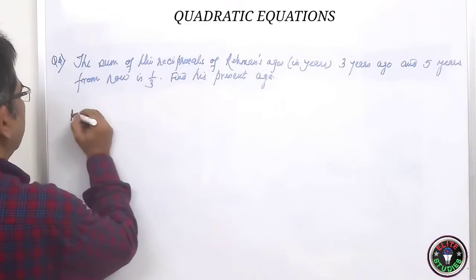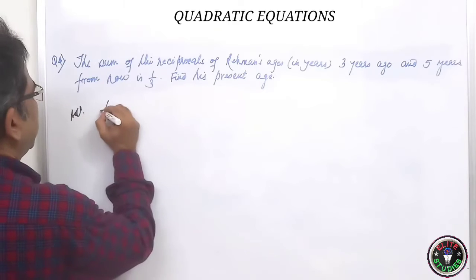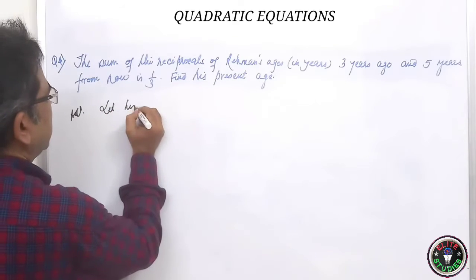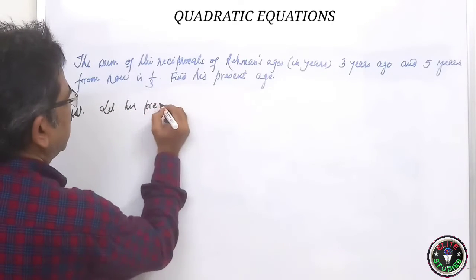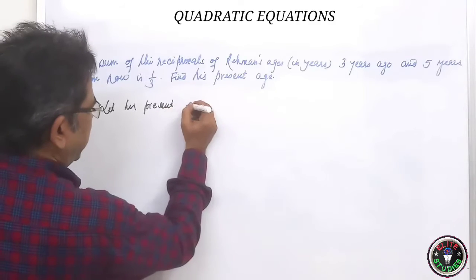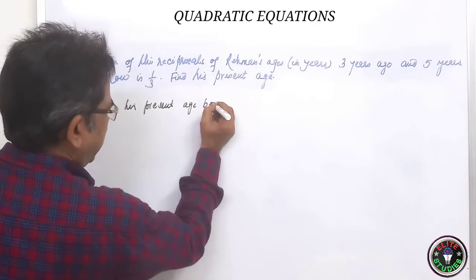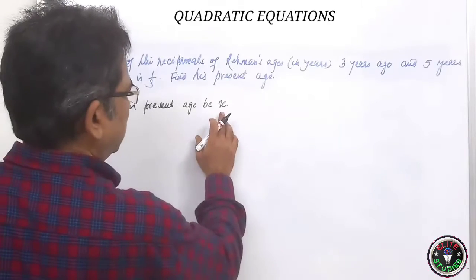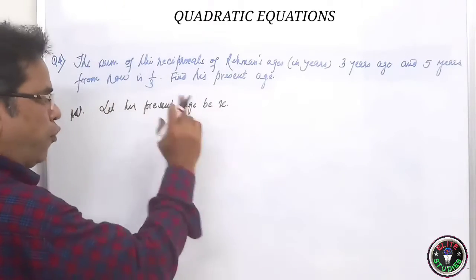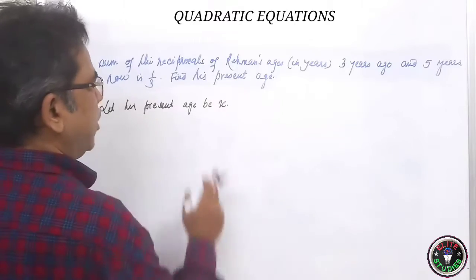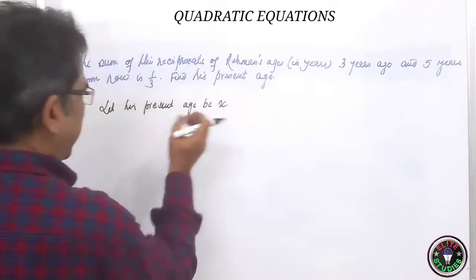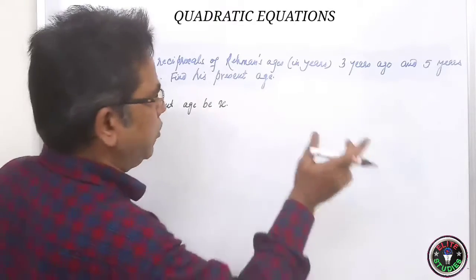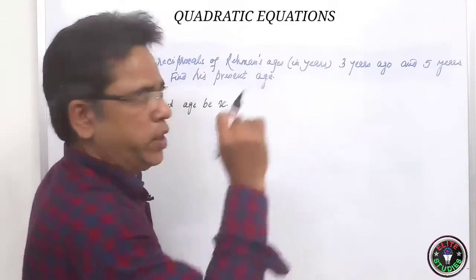So solution, let his present age be x. Once you represent the unknown with x, then we have to frame an equation to get the value of that variable. That equation can be framed from the given condition in the question.